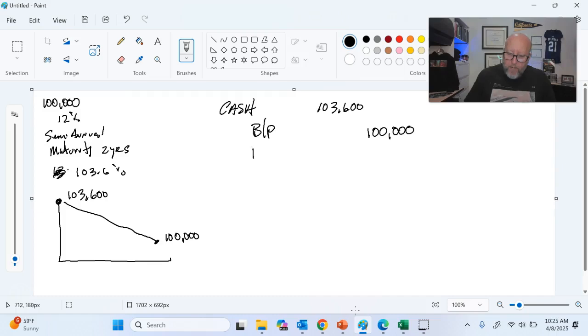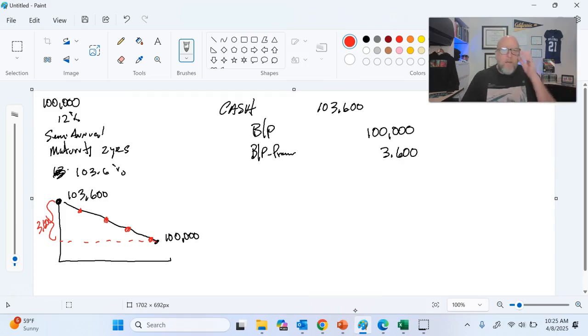So I have to record a bond payable premium of 3,600. Like we were saying on the discount, the longer that we hold on to the bond, the less money we are obligated to pay. So that premium of 3,600 is going to shrink and go down over time.